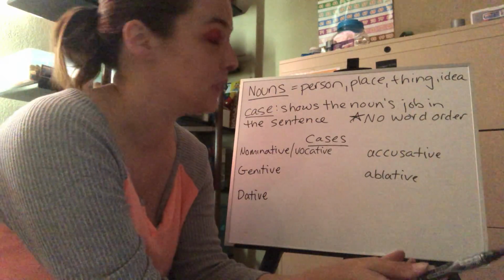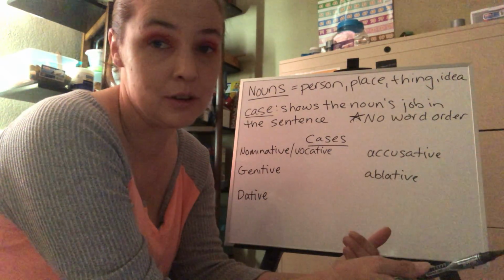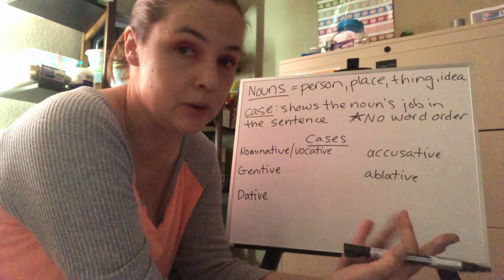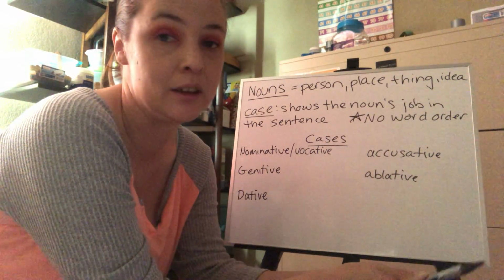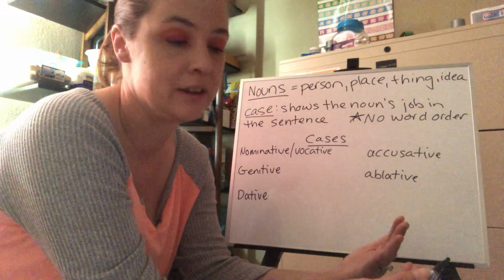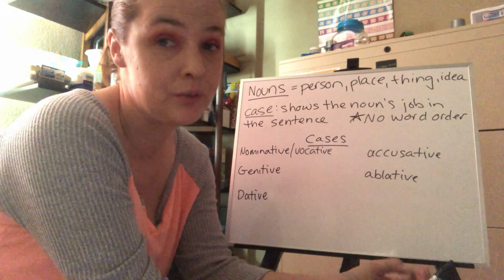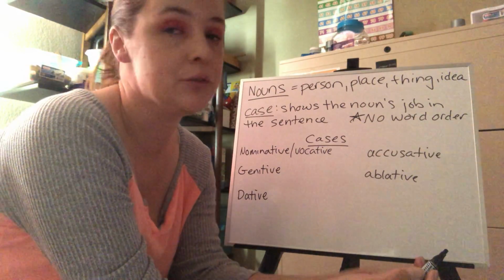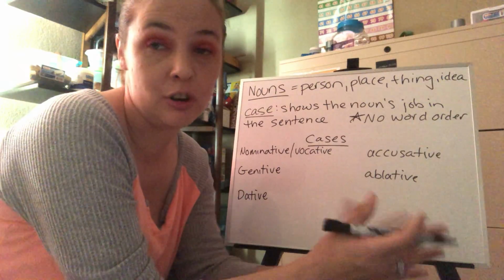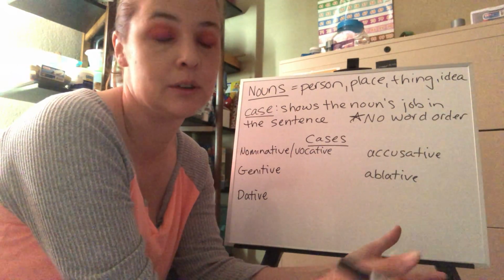So, that's nouns. Nouns are kind of the same way in Latin, only they're just a little bit more involved than what we have in English, because English doesn't have what we call inflection as much as Latin does. We still have inflection, and I will show that to you. Inflection means that words change how they look in order to show what they're doing in their sentence, okay?